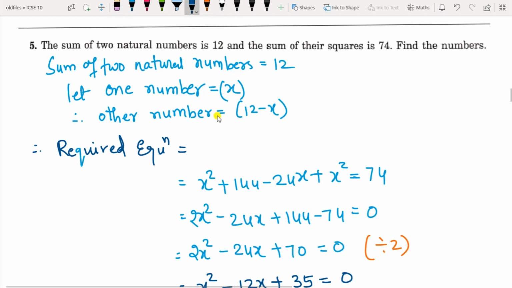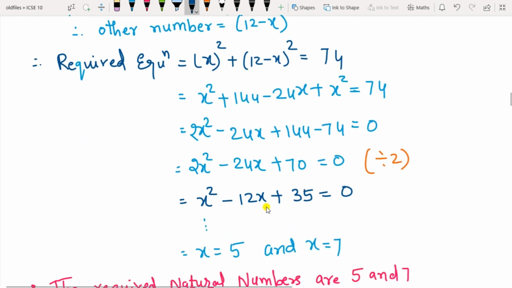Okay. Now the equation will become the sum of their squares. So the sum of these squares will be x squared plus 12 minus x the whole squared equals 74. It is given. Now this is a minus b the whole square. Write its expansion and solve it. Divide it by 2. You get this quadratic equation as x squared minus 12x plus 35 equal to 0.